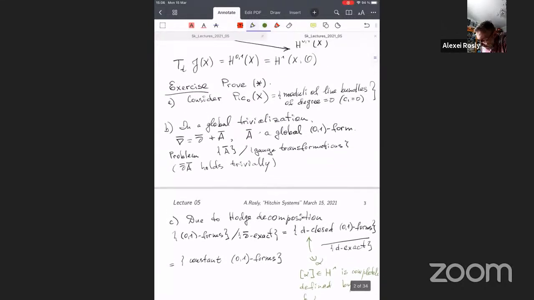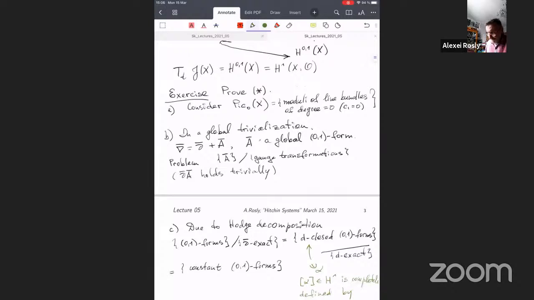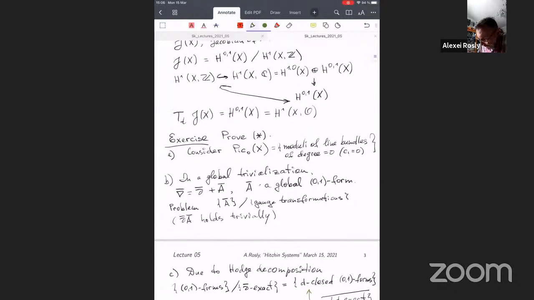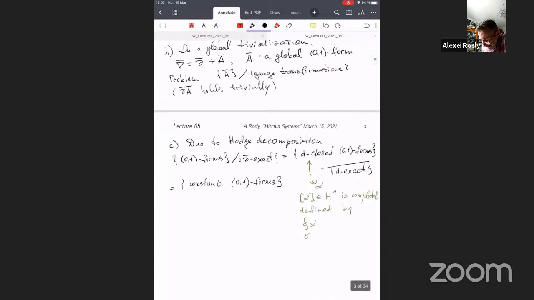Sorry, at some moment I should have said that it was a mistake. I prove this for curves of genus 1, which are tori. Therefore, I was speaking about constant forms on the torus.